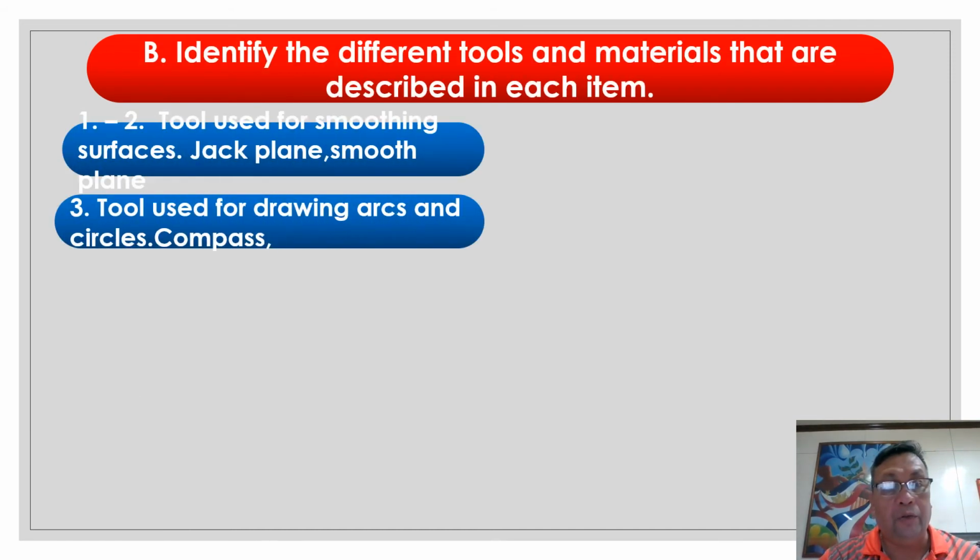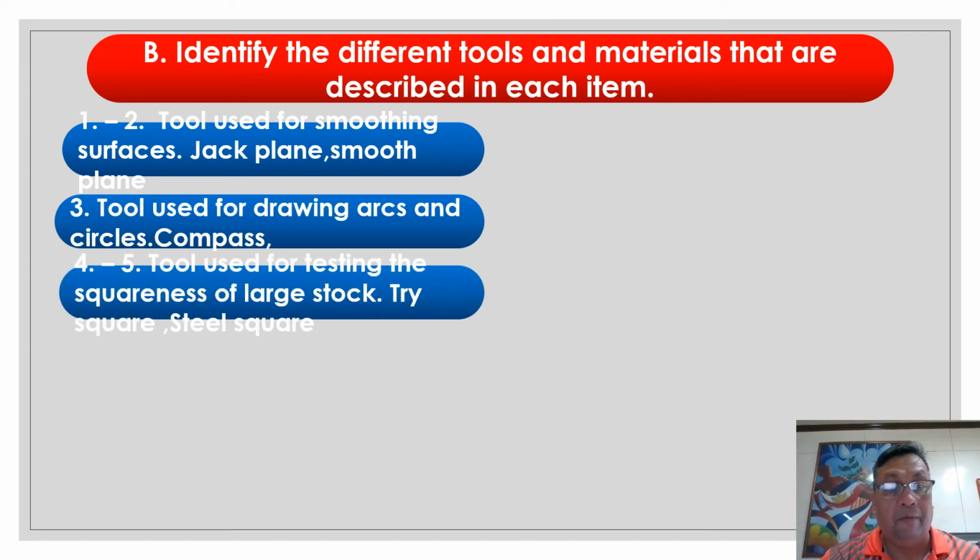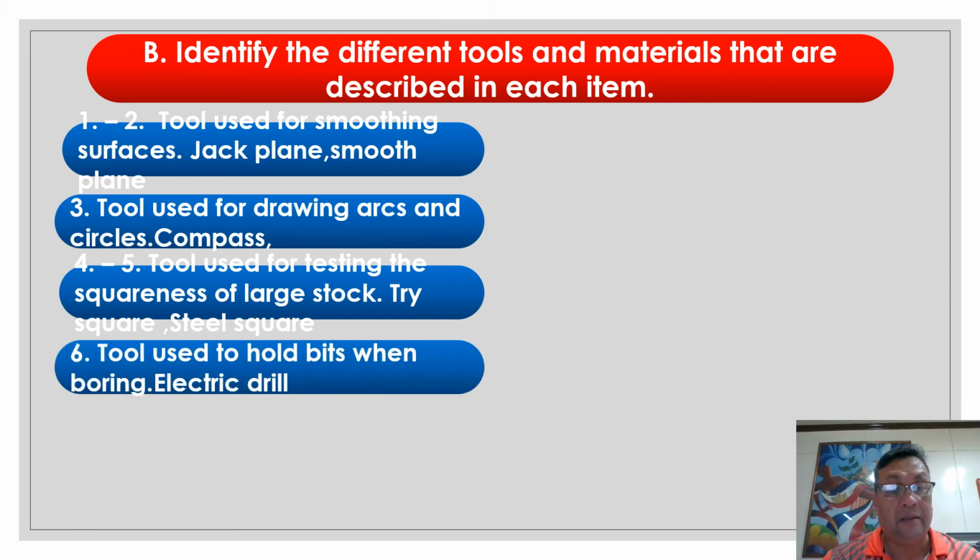Number 1 and 2, tool used for smoothing surfaces: jack plane and smooth plane. Number 3, tool used for drawing arcs and circles: compass. Number 4 and 5, tool used for testing squareness of large stock: tri-square and steel square. Number 6, tool used to hold bits when boring: electric drill or drill.